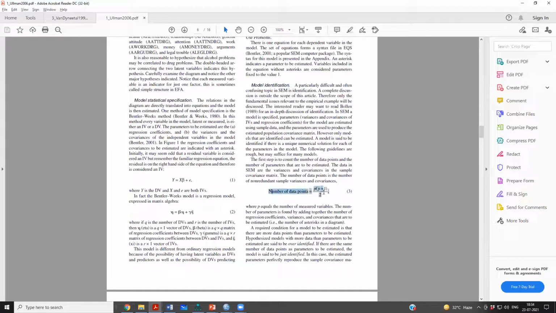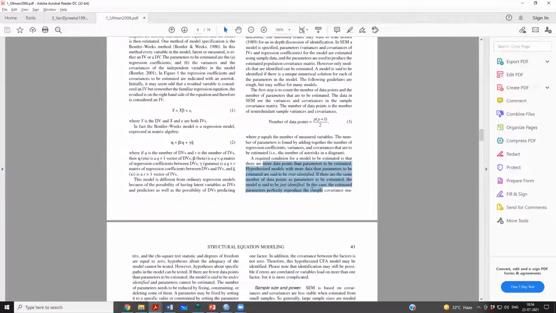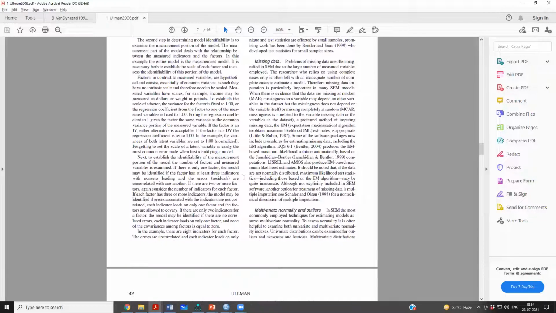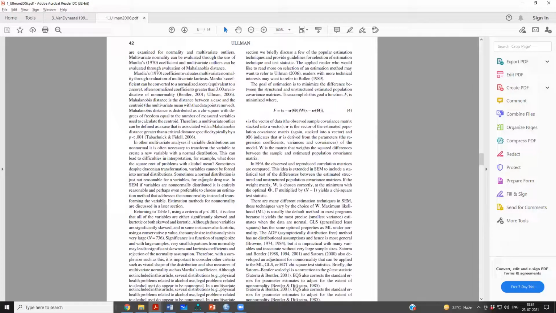So you see the number of data points is p(p+1)/2, then the identification part. You can read this.